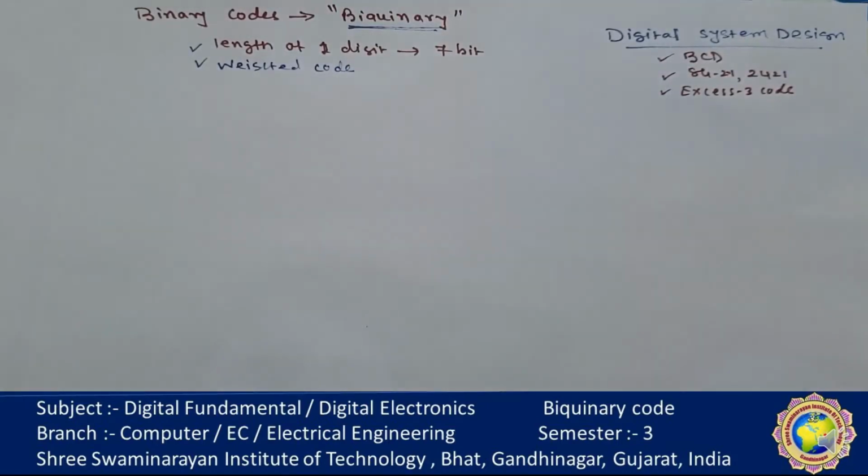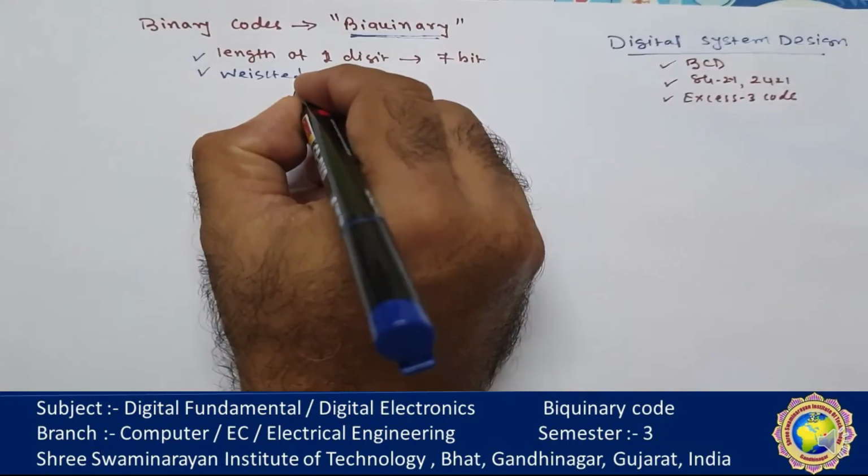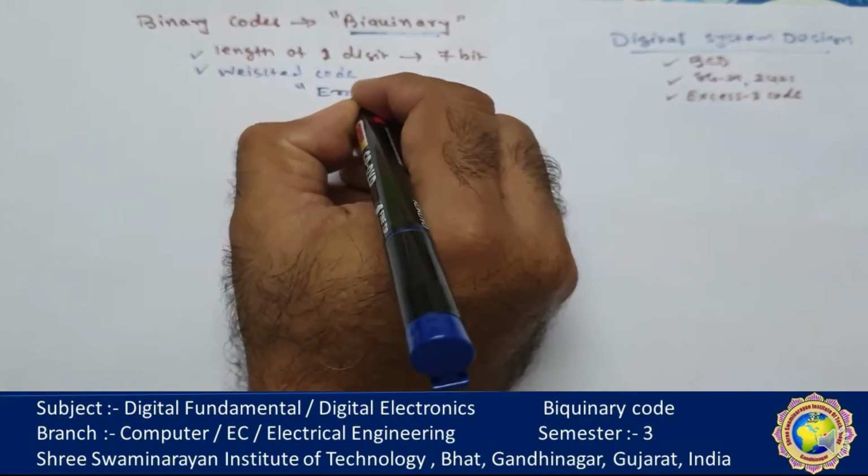The weight of each and every bit is in the form of a decimal, so it is very important that the number representation is in the form of the weightage of each bit. This is an example of a 7-bit code, and its special purpose is error detection.